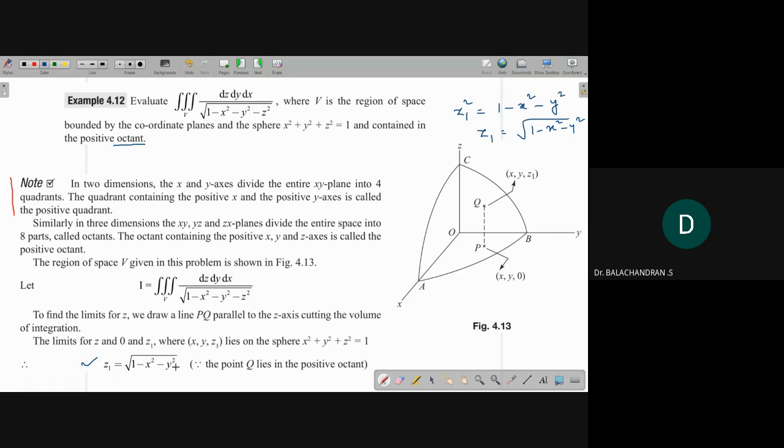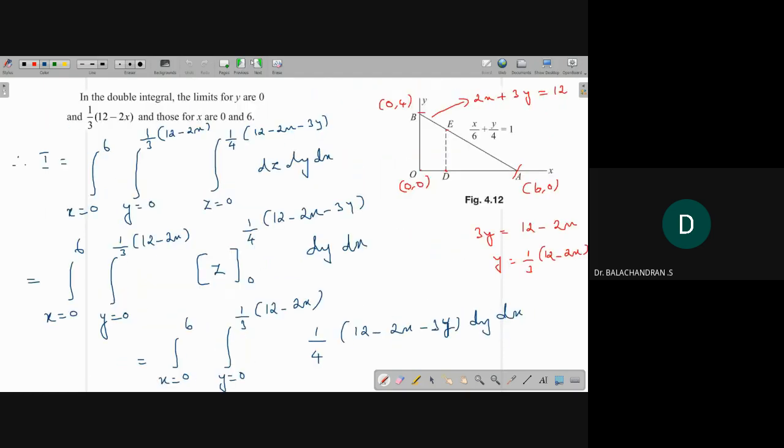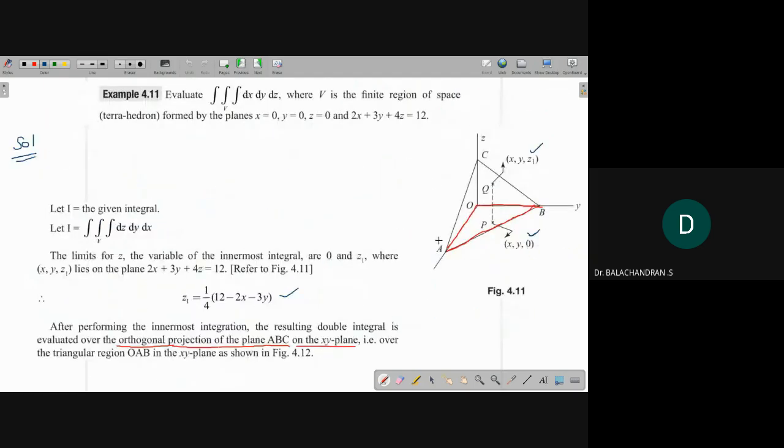So we found the limits for the innermost integral z. So z varies from 0 to root of 1 minus x square minus y square. Now you should tell. I think in the previous problem we projected, the same idea here also. So here we project what?